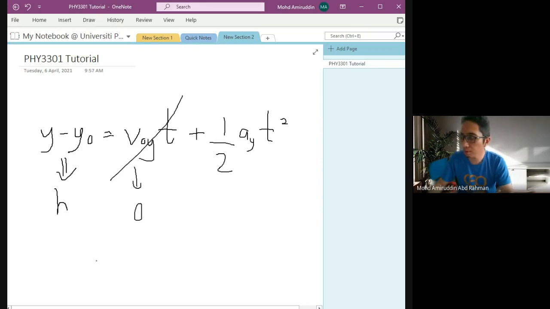What we have is h equals half a_y t squared. So what is the a_y? Of course, the a_y will be the gravitational acceleration.